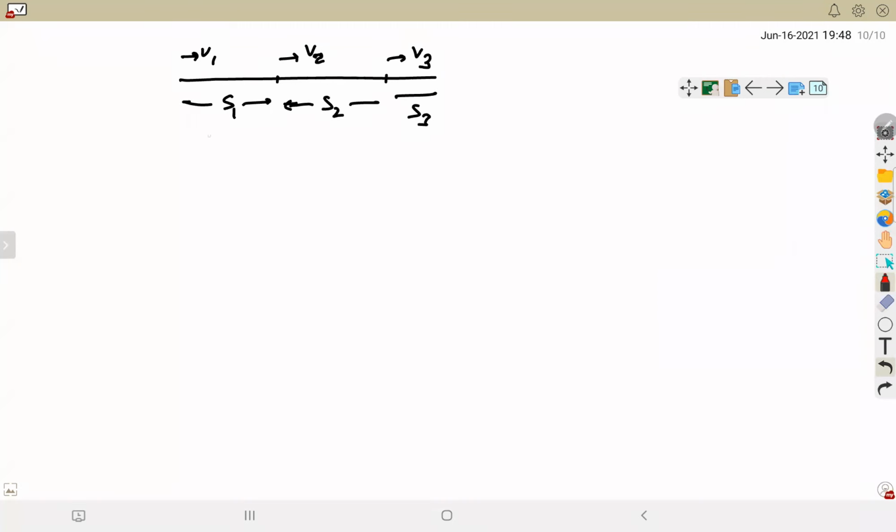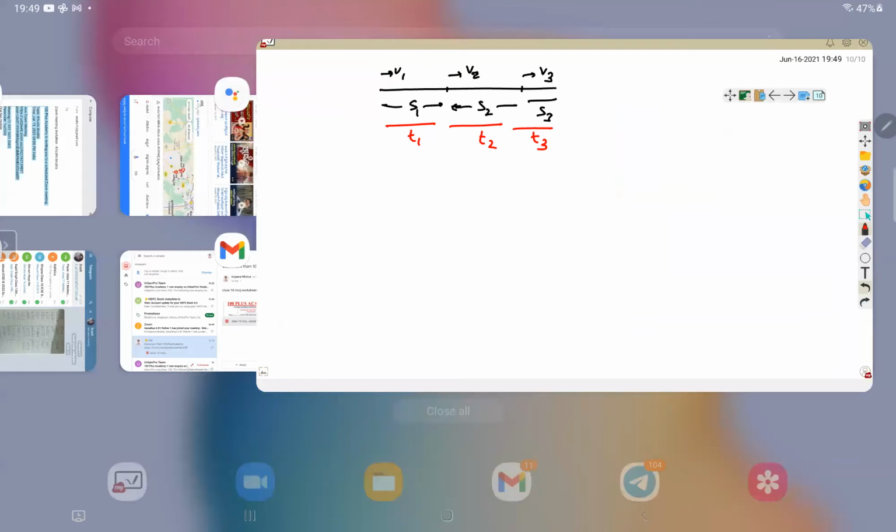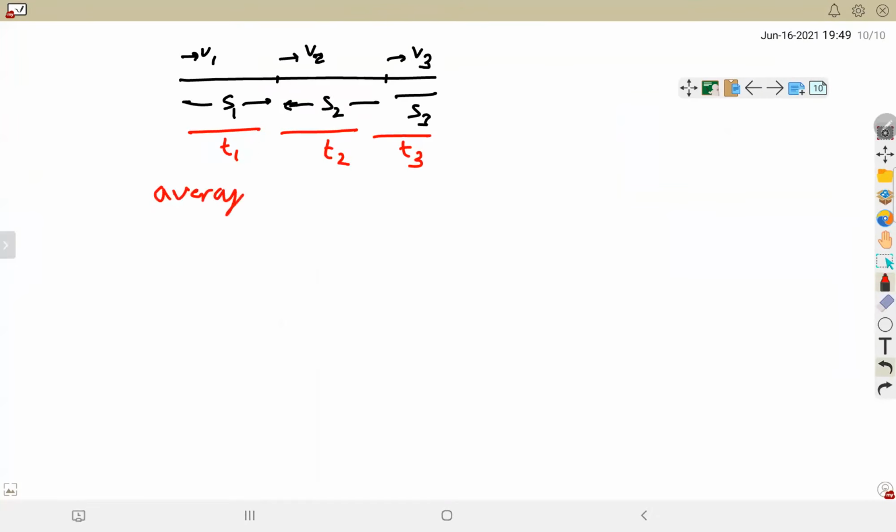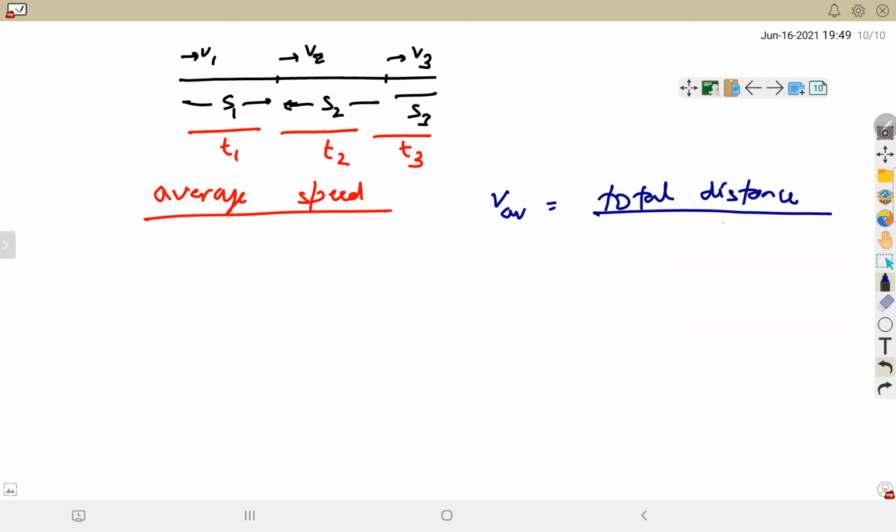If the times taken are t1, t2 and t3 in these paths, average speed is always total distance upon total time taken. Total distance will become s1 plus s2 plus s3, divided by total time taken, which is t1 plus t2 plus t3.